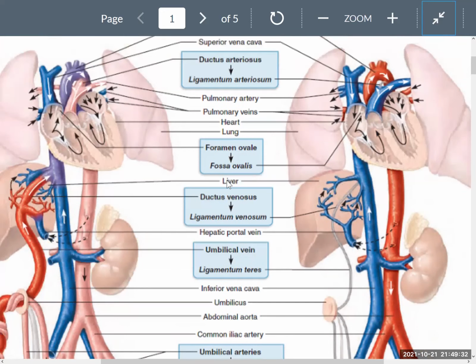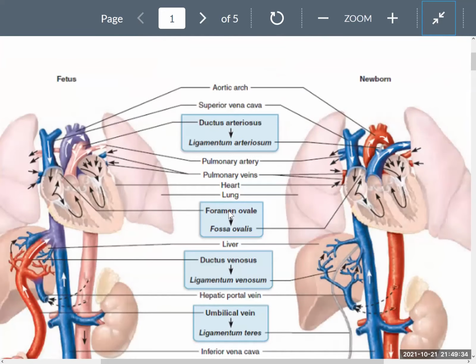The foramen ovale shuts and becomes the fossa ovalis. And the ductus arteriosus collapses and becomes the ligamentum arteriosum. That gives us this situation on the right, which could be the drawing of any adult heart. It's labeled newborn, but adult is what it refers to as well.